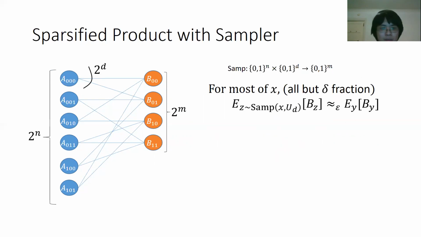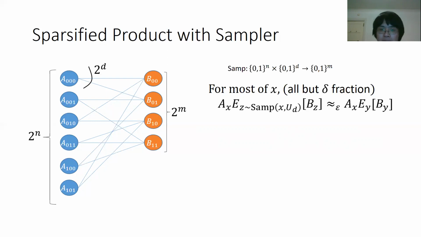So now we show that we can actually compute the sparsified product with this sampler by placing AX on the left-hand side of this graph and BY on the right-hand side of this graph. To prove this, recall that by definition, for most of the X, the expectation of B on its neighbors will be epsilon close to the actual expectation of B. Therefore, this is still true after we multiply it with the matrix AX on the left-hand side.